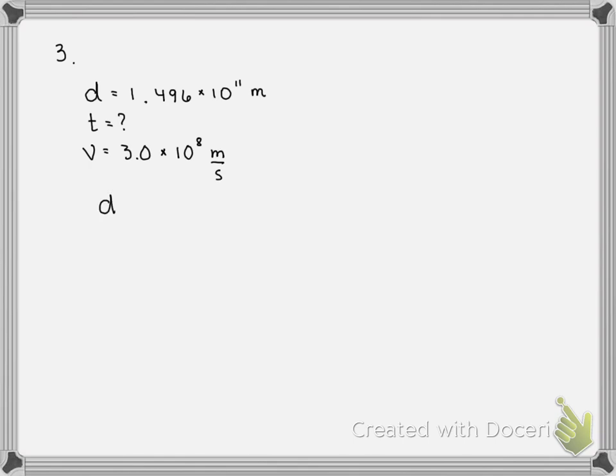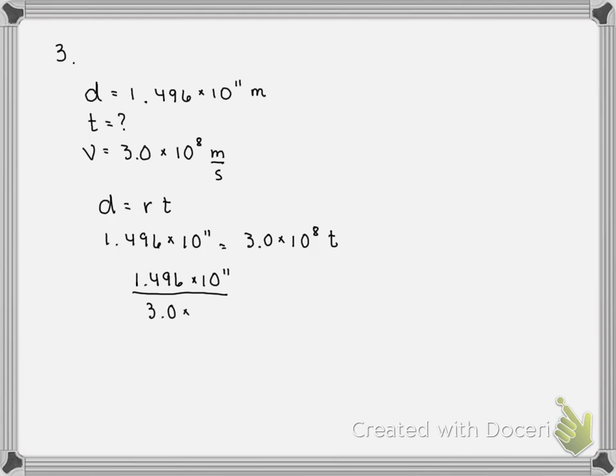So we have D equals RT, and we're solving for T. So 1.496 times 10 to the 11th equals 3.0 times 10 to the 8th times T. Now we'll divide 1.496 times 10 to the 11th over 3.0 times 10 to the 8th, and that is going to give us the time in seconds.